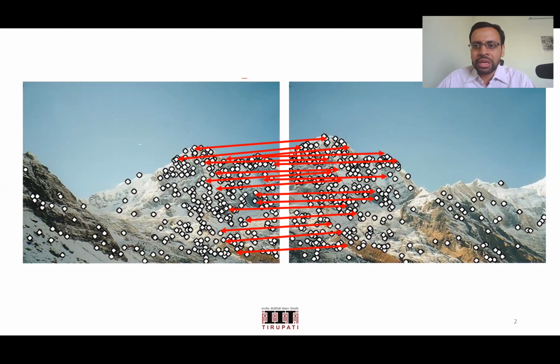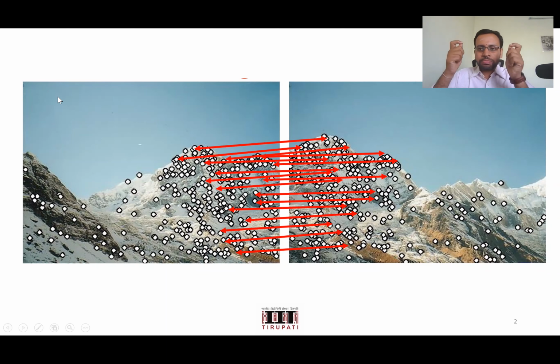This in a way connects various things that we have been discussing over the last 10 classes, where you would start with key point detection, then you would do key point description, and assume that there is only translation happening when you are moving your camera. This is just one assumption.